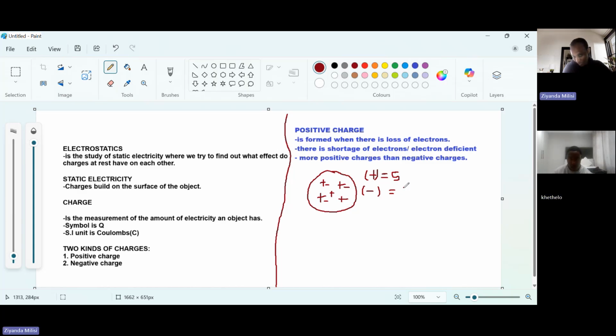So if you were to calculate the net charge here, we'll put a negative next to 3, -3, +5, positively charged. If you were to calculate now the net charge of this particular object, what will be the net charge?